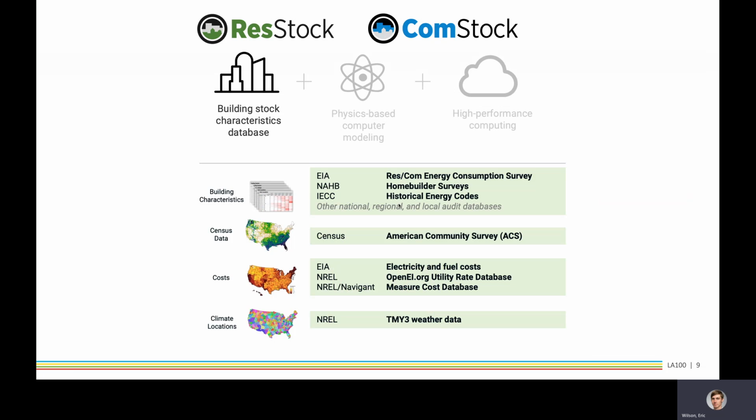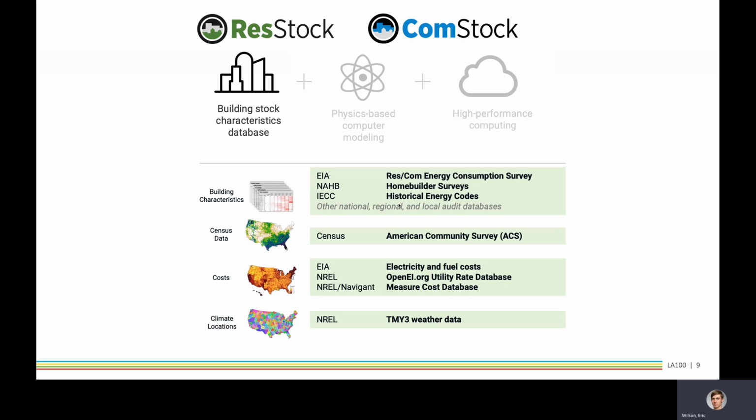So first, the building stock characteristics database. This includes a variety of data sources that we've compiled together and structured in a tree of conditional probability distributions in order to represent the diversity of characteristics that exist within the existing building stock.